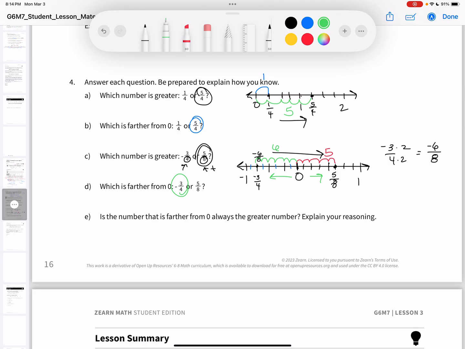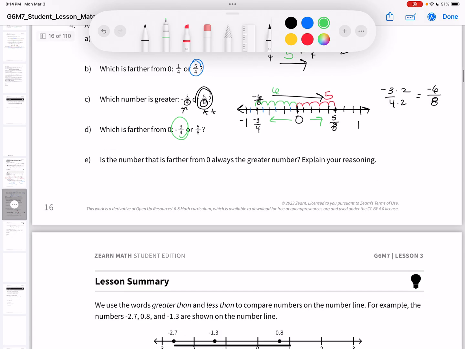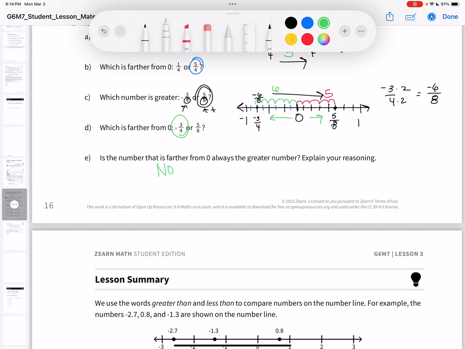Is the number that is farther from 0 always the greater number? No. I would say this is true only if the numbers are positive.